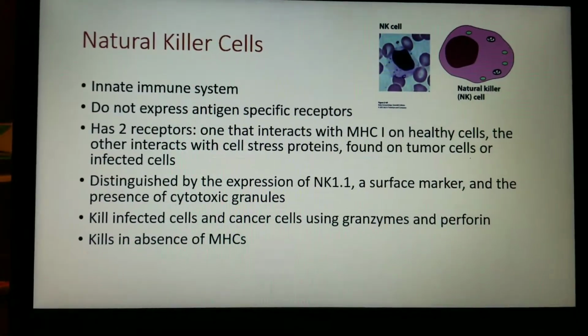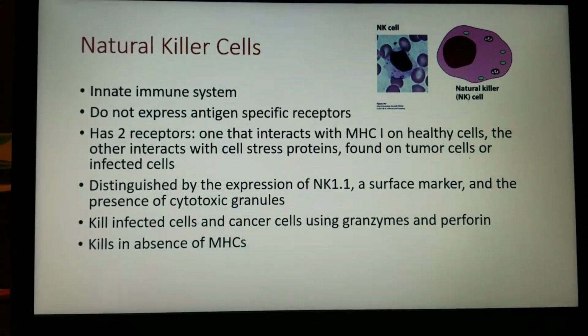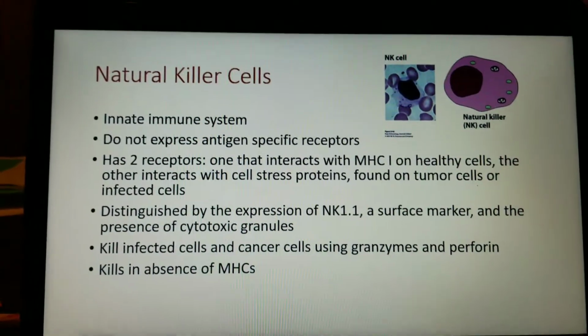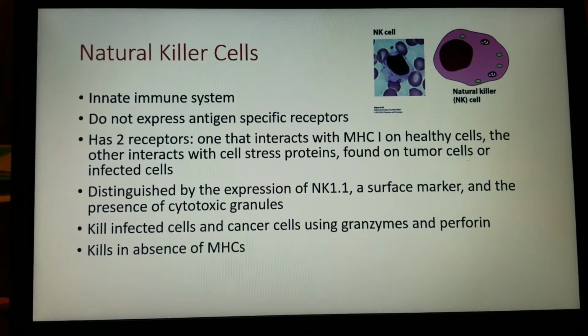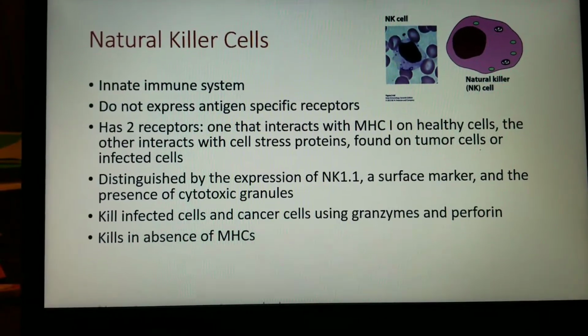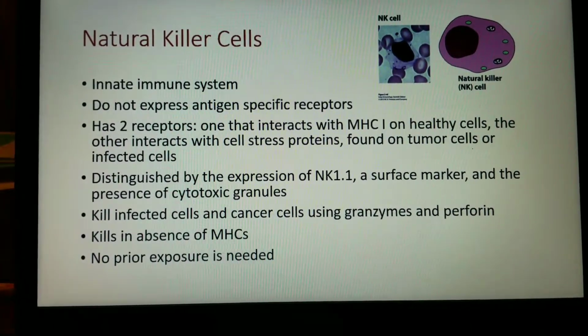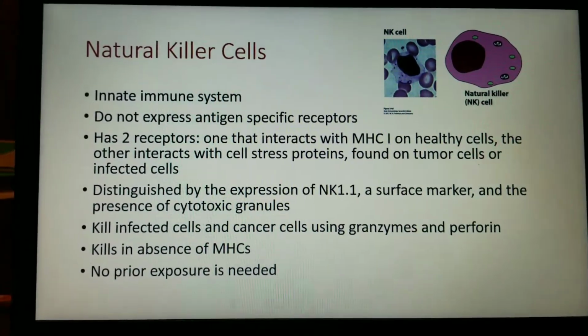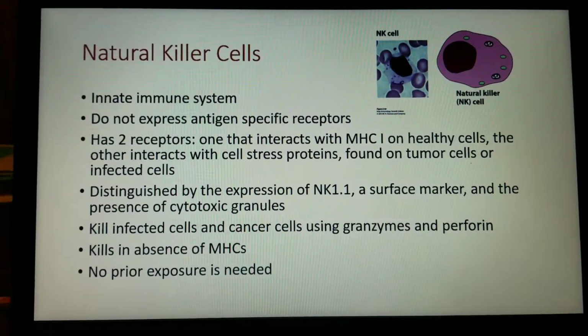They only kill cells that don't have MHCs, which means they kill anything that doesn't have a self-antigen on it. So they don't kill the host cells. And this is without any prior exposure. They just kill it on their first encounter.